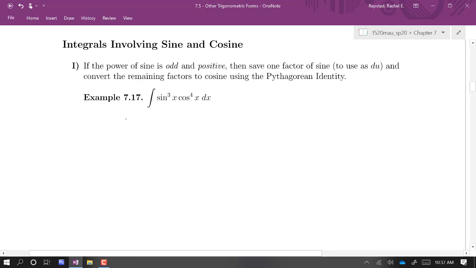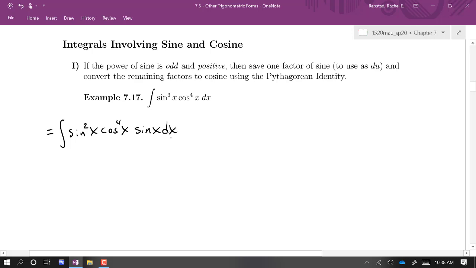So here, in example 717, I've got this sine cubed, so I'm going to take one factor of sine and throw it at the end. So I'm going to rewrite this as sine squared x cosine to the fourth x sine x dx.